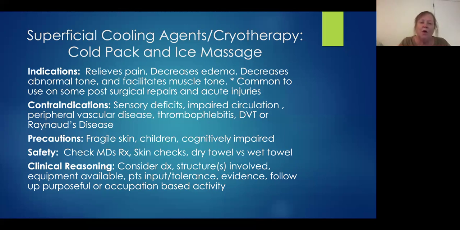We also use cold packs for decreasing edema. And one thing that I want to say, very important, is if you're going to use a cold pack to decrease edema, let's say the hand has edema throughout. Maybe they had a Colles fracture and they have swelling throughout. If you're going to use a cold pack, whatever you do, don't take that hand and place it on a table flat. You need to make sure that your hand is elevated above your heart.